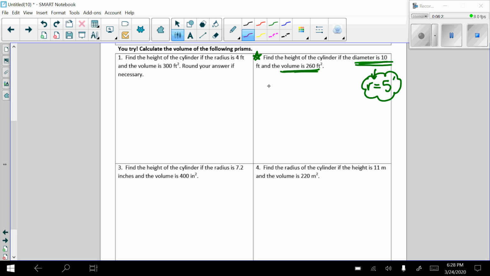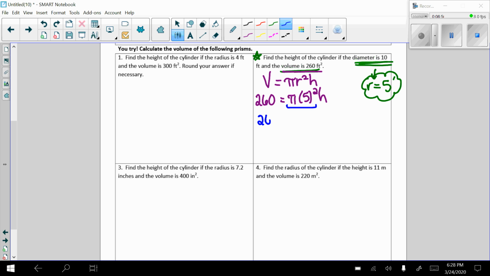So let's get to it. Volume equals pi r squared times h. Now let's substitute our values in. Volume is 260. Pi, we just leave our symbol as pi. And our radius is 5. Hopefully you can see that we can clean up the right side of the equation.